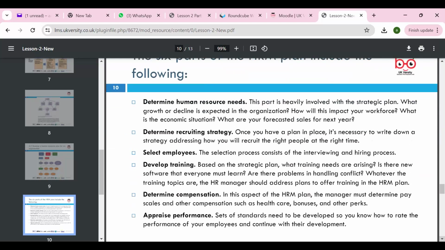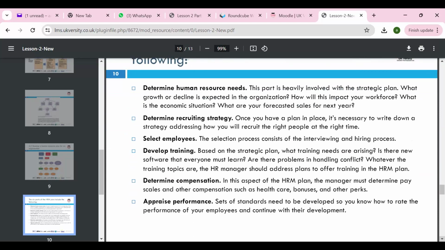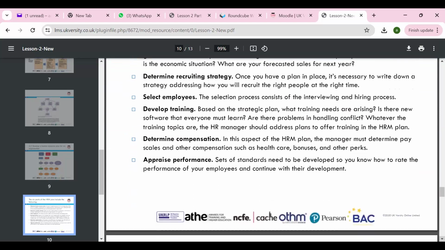Select employees, which consists of interviewing and hiring. Training: off-the-job and on-the-job training, objection handling, or capability and competency training. Then the compensation plan: basic salary, bonus, free gyms, medicals and so on.